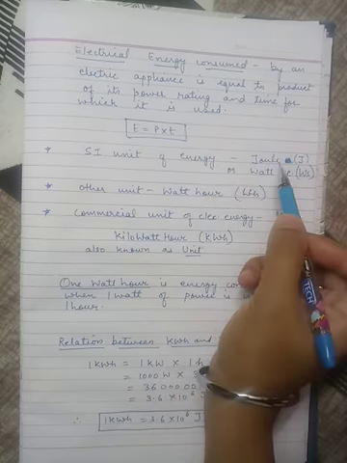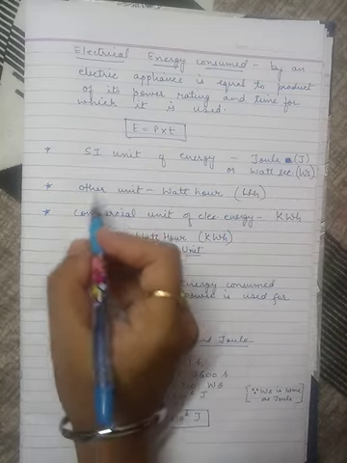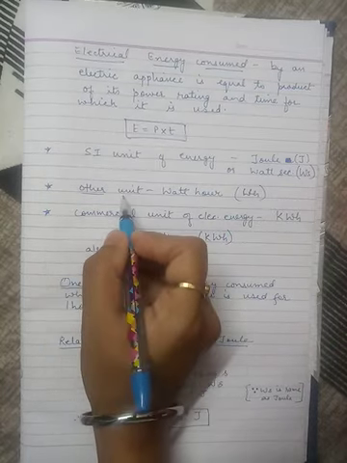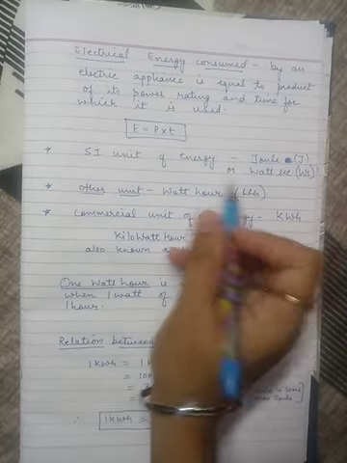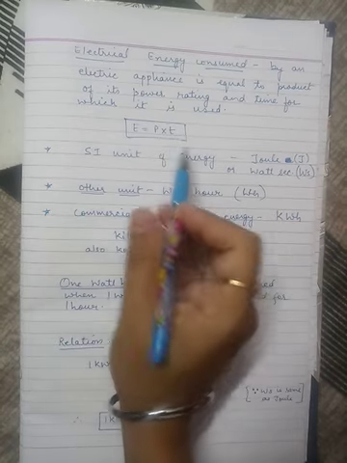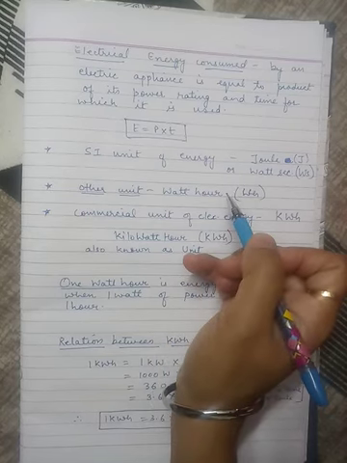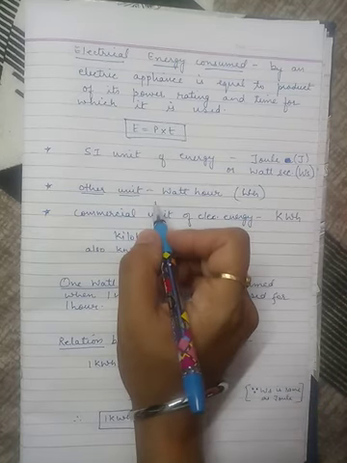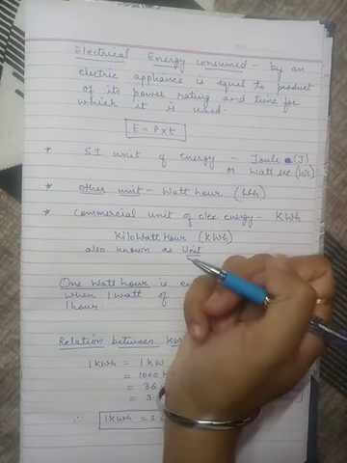The SI unit will be joule, that we have understood earlier, and the other unit that is given in your book, very importantly, is watt hour. Hour is the time, which is not our SI unit, and power has the SI unit. So watt hour is some other unit. We cannot consider it as an SI unit, and we cannot consider it as a commercial unit also, right?